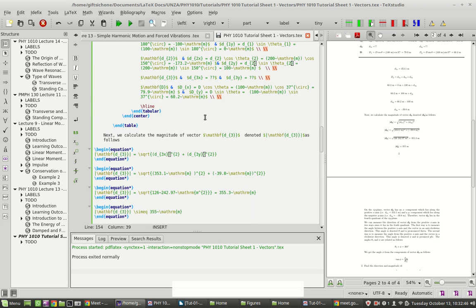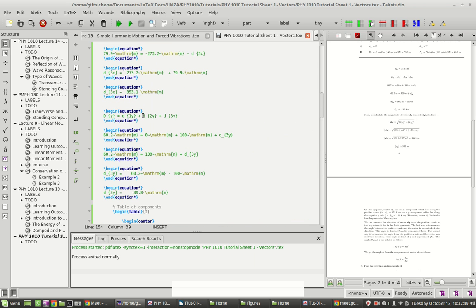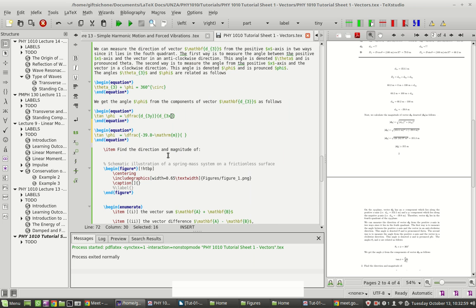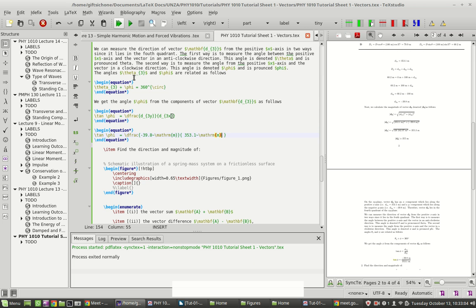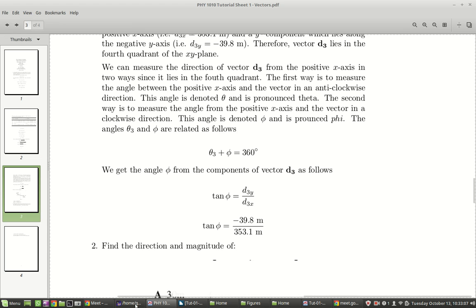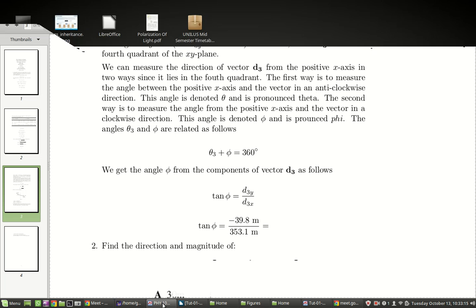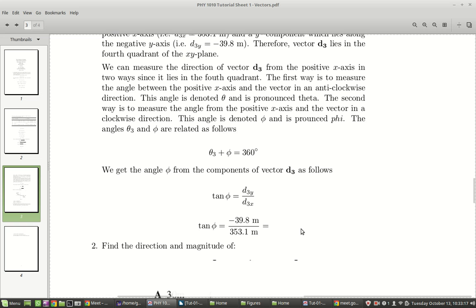Then d3x is 353.1. So tan phi is minus 39.8 divided by 353.1.